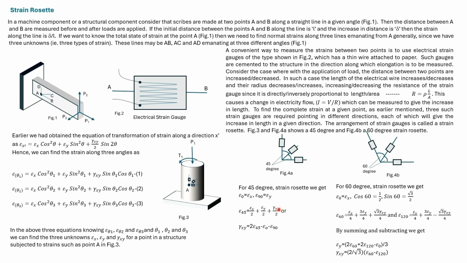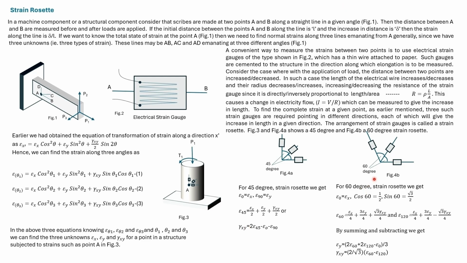We do not know gamma xy. For the 45-degree strain gauge, cos square theta is half, sin square theta is half, and sin 2 theta is 1. Substituting, we get this equation. With epsilon x and epsilon y known, we can find out gamma xy.